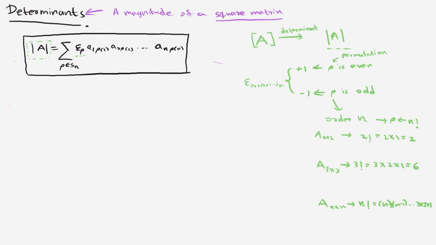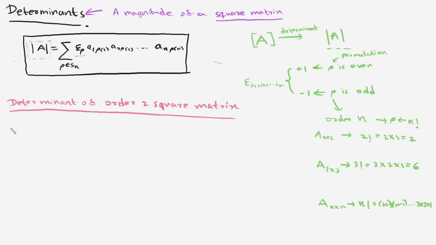Okay, so suppose I wanted to find the determinant of an order 2 square matrix. So I just write down a general double suffix notated matrix. So in the general case, A11, A12, A21, A22.